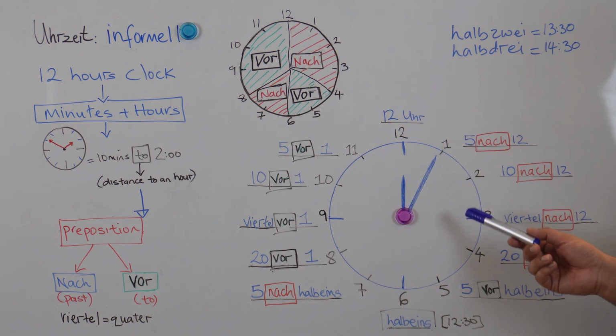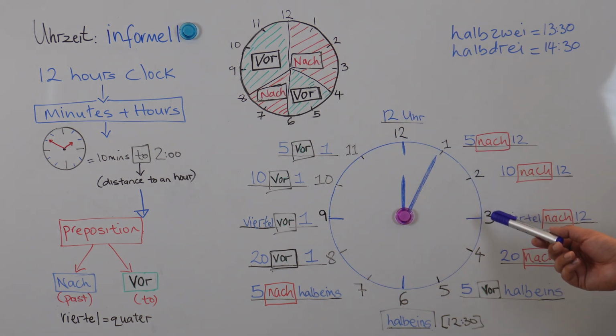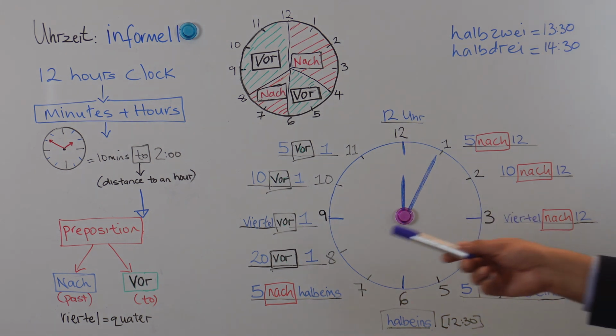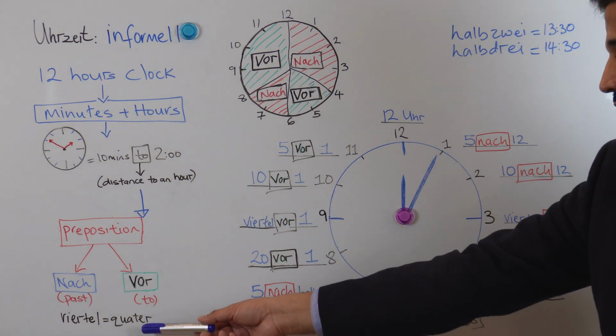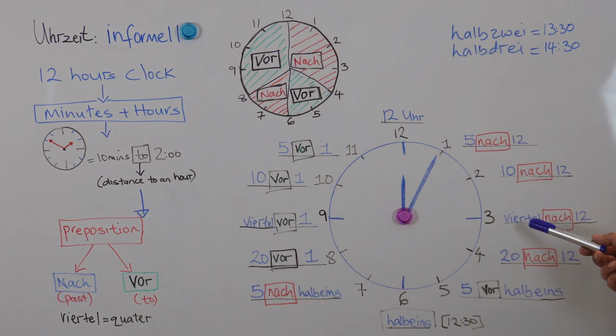And then, when your needle goes to 15 minutes, in English you say quarter past 12. In German it will be Viertel nach 12.